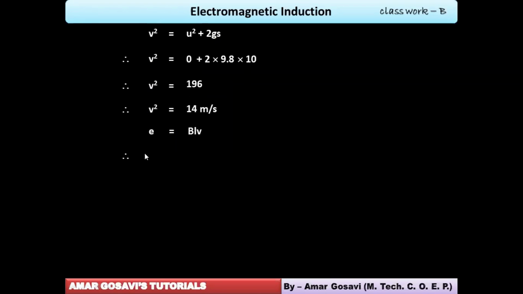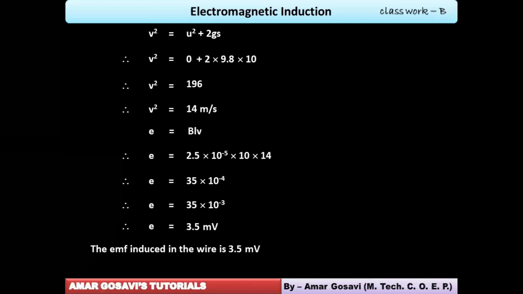Put the value in the equation E equal to BLV, and you get the EMF induced as 3.5 millivolt. Please make a note of it. Okay, I believe you have noted this down.